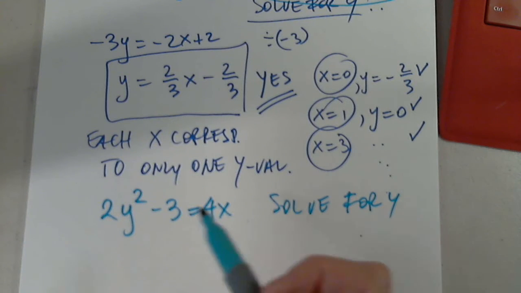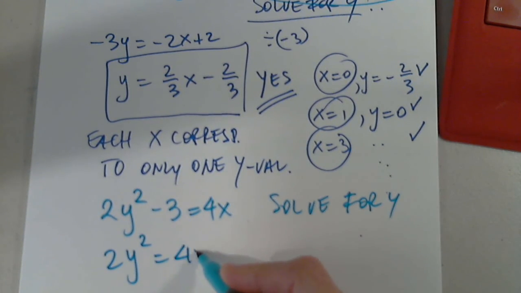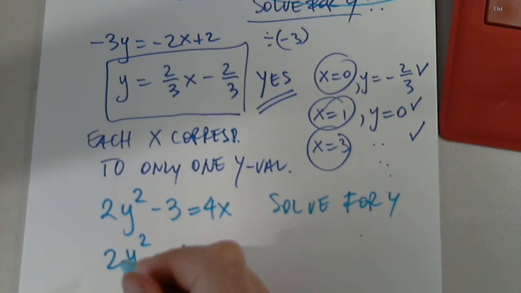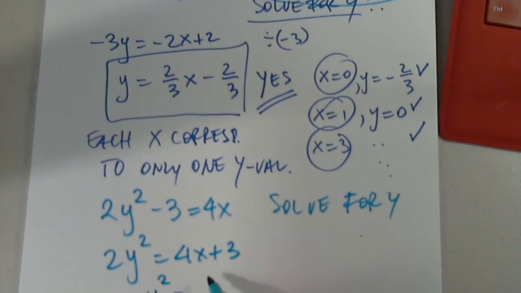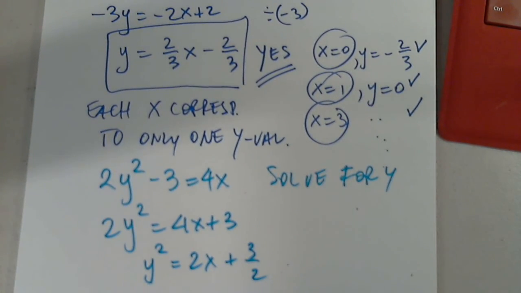I solve for y, so I have to add 3. That's my first step. And I divide by 2. But then, what will be my next step? What type of equation is this, since I'm solving for y? And how many solutions will I get?